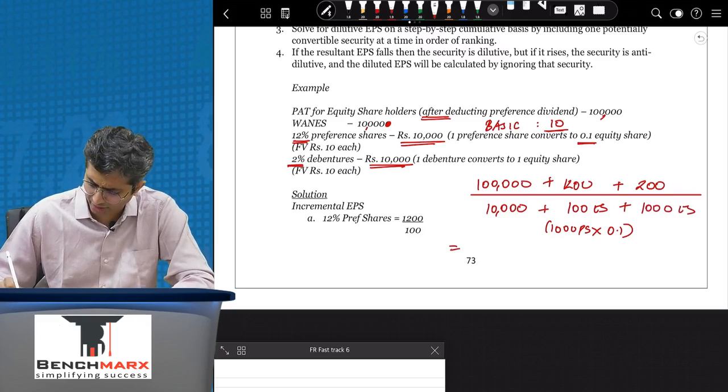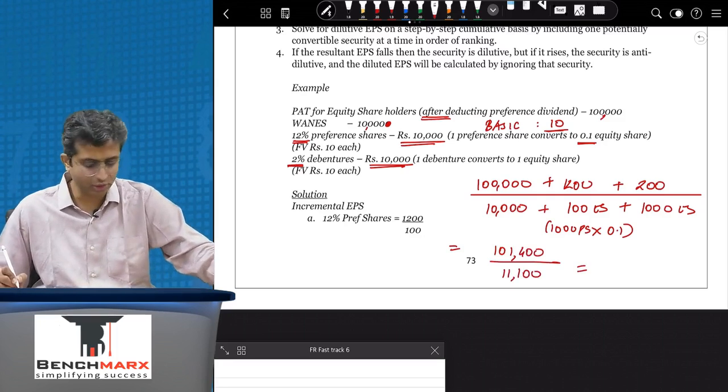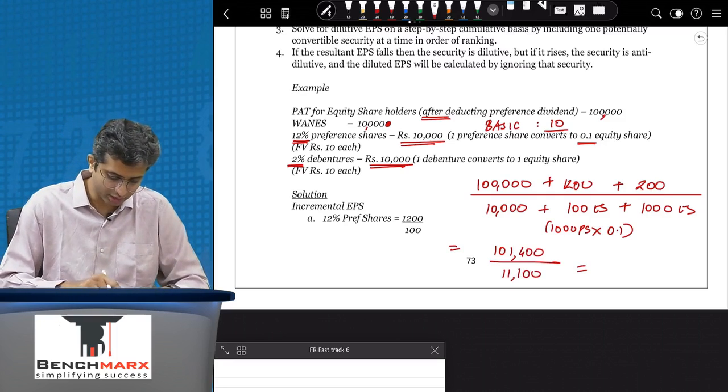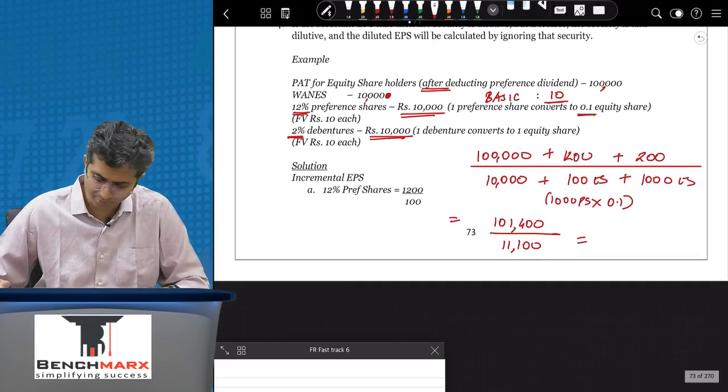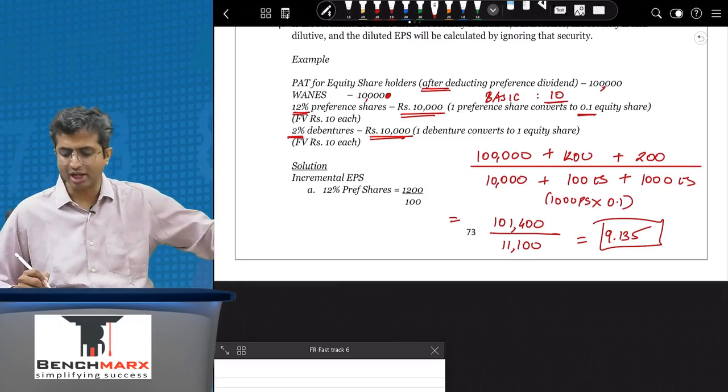So if you take the numerator, this is 1,01,400 divided by 11,100. And if we calculate this, 1,01,400 divided by 11,100, we will get 9.135, I guess, and hence this will be your diluted EPS.